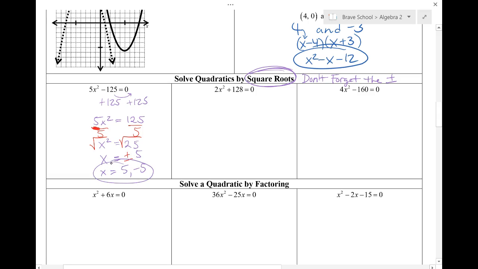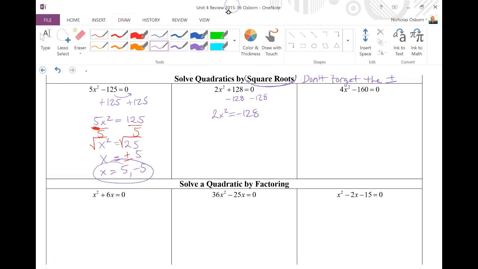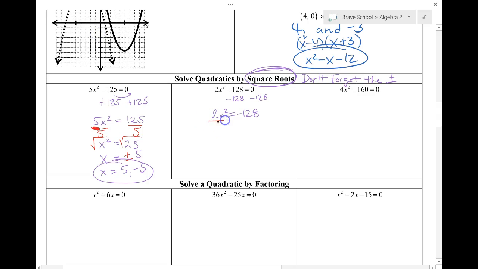Now let's do this next one. Okay, again, move the c term, this is actually the c term, move it to the right side by subtracting it here in this case, because it's positive. So now we have 2x squared equals negative 128. And remember, the a cannot be bigger than 1, so we need to get rid of that a, or make it 1.